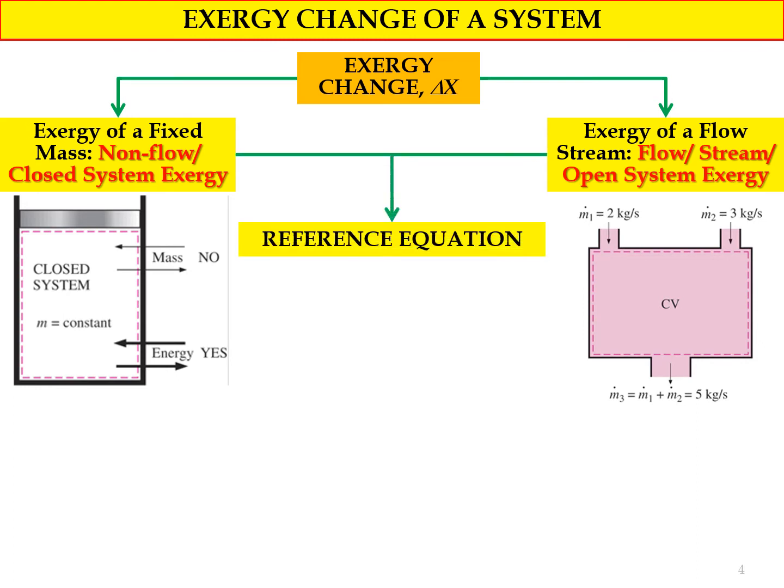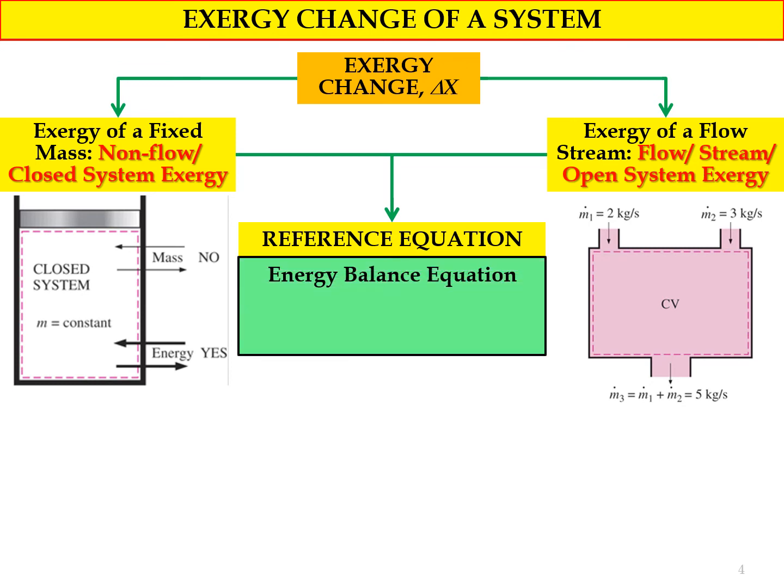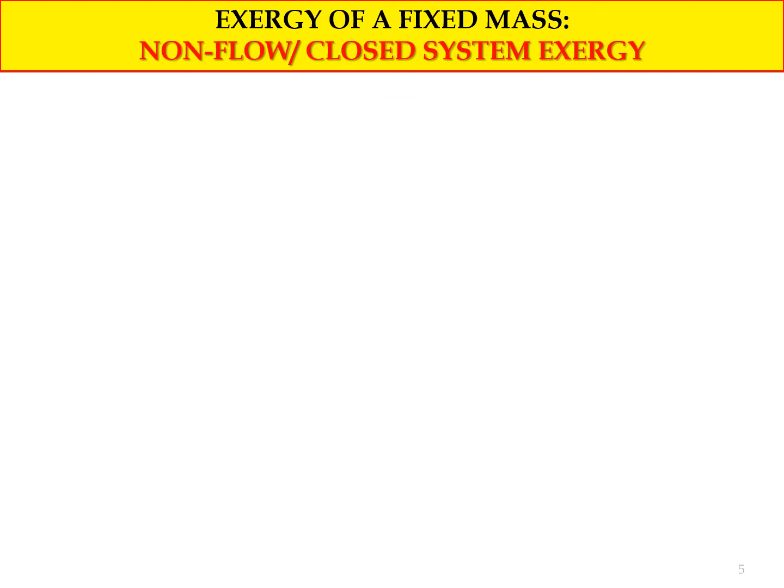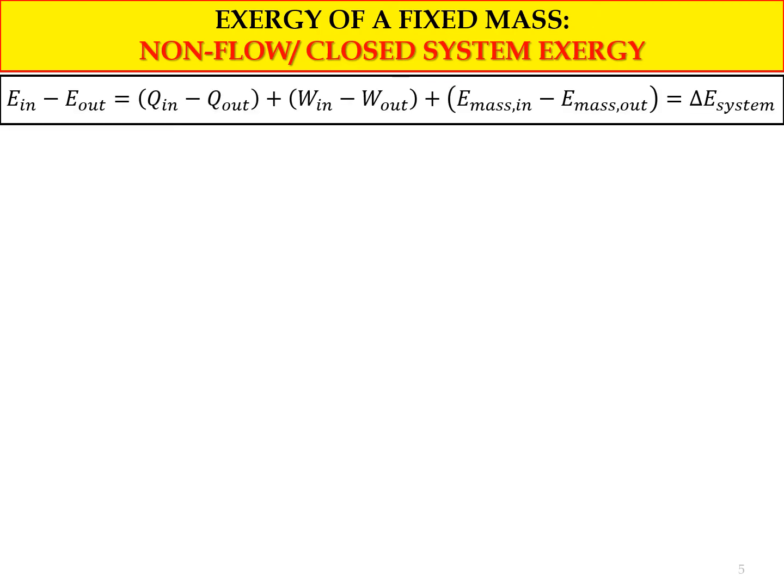And from these two concepts or systems, which is closed and open system, we use the reference equation, which is the energy balance equation. From the energy balance equation, E in minus E out is the net energy transfer, and delta E system is the energy change of a system. Exergy of a fixed mass non-flow closed system exergy.